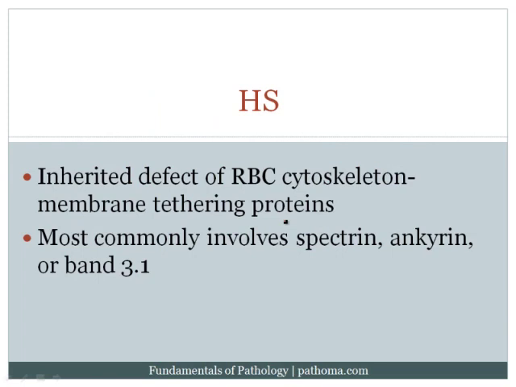Hereditary spherocytosis is an inherited defect of the red blood cell cytoskeletal membrane tethering proteins. The most common examples of these proteins that tend to be involved in this disease include spectrin, ankyrin, and band 3.1. These are common tethering proteins that allow connection between the cytoskeleton and the membrane.